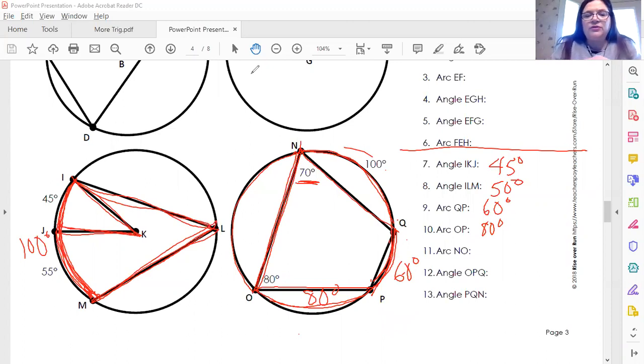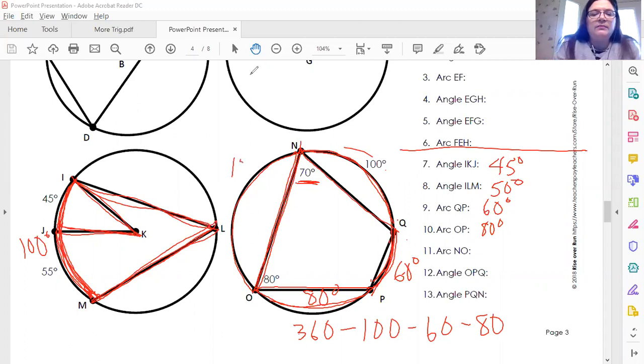We've got all the measures of the remainder of the arcs of this circle, and we know everything has to add up to 360. So if we take 360 minus 100 minus 60 minus 80, I believe that's going to give us 120. 260, 200 minus 80 is 120. So arc NO is 120.